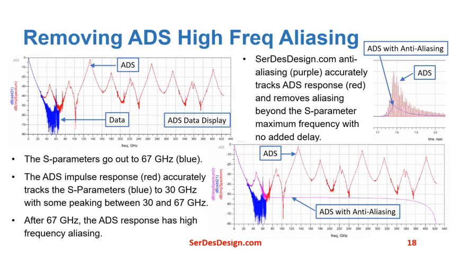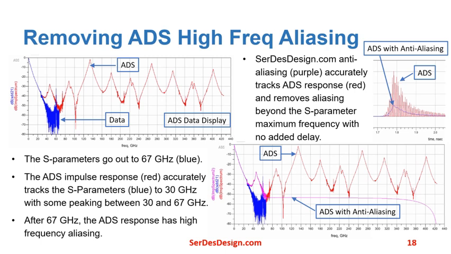Removing ADS high frequency aliasing. In this example, the S parameters go out to 67 gigahertz. The blue curve in this upper left graph, the ADS channel impulse response in the frequency domain, accurately tracks the S parameters to 30 gigahertz with some peaking between 30 and 67 gigahertz.